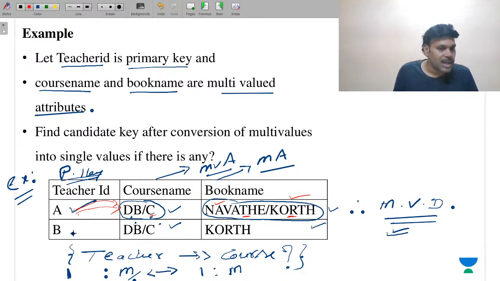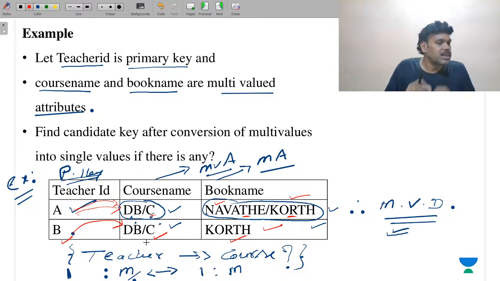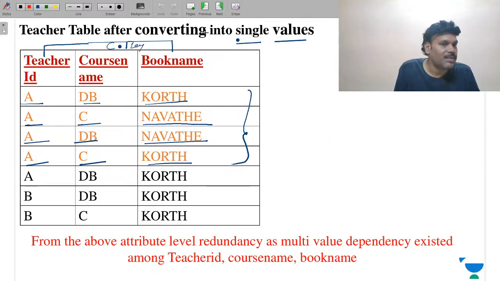Observe, friends. This time, B, DB with Korth one time, B, C with Korth one time. So we are going to generate 6 tuples there. Why? Two multi-value rows here, two multi-value pairs here, so 2 into 2 is 4. And the two multi-value pairs are doing with Korth, so you will get 2. So in total you will get the values like this.